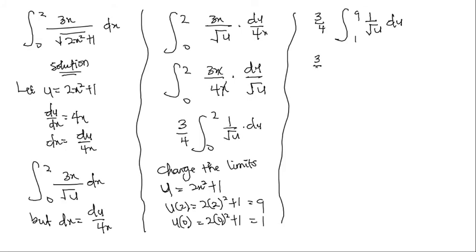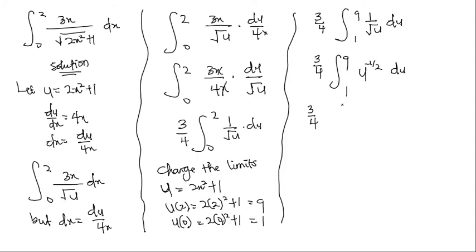So we have 3 on 4, the integral from 1 to 9, let me make this in a more linear way. So I have u, the root means it's a power of half, but because it is 1 over root u, it becomes negative half, then du. So I have 3 on 4.